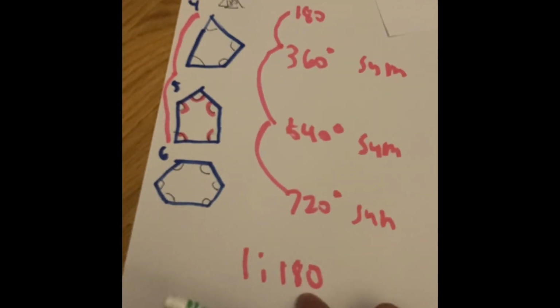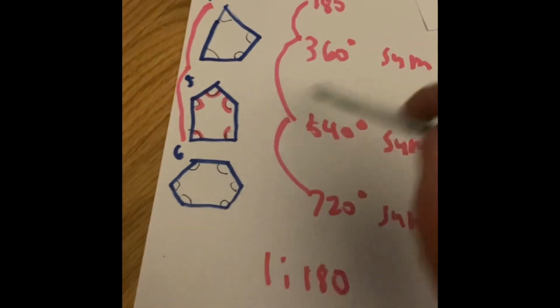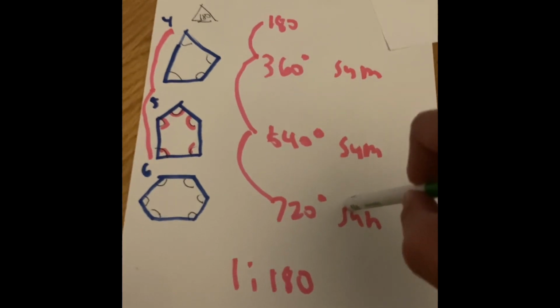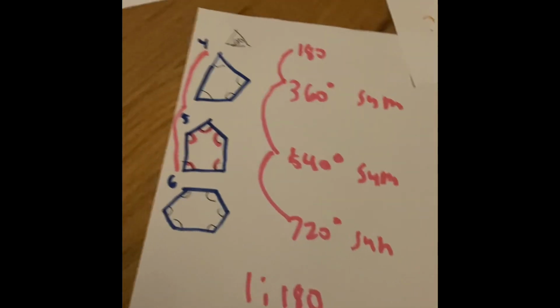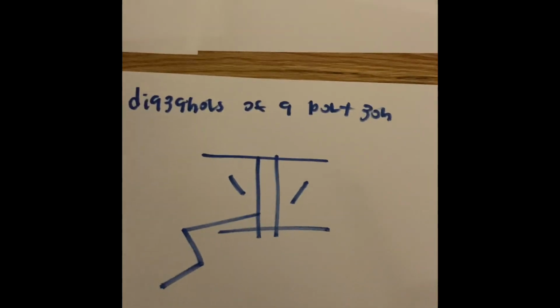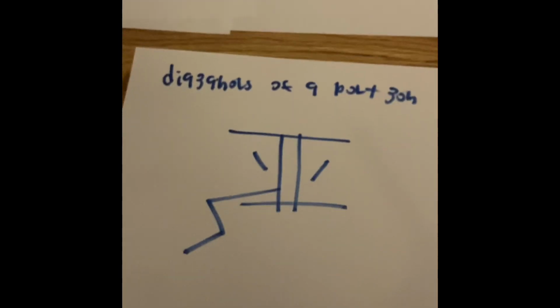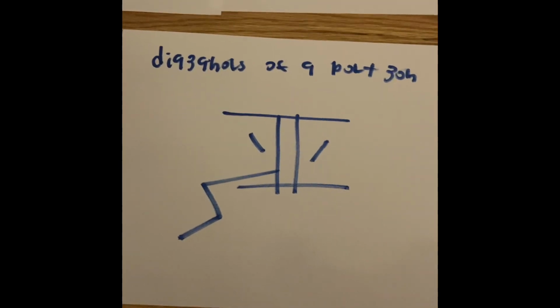We learned that the ratio is 180 degrees, because every time the number of sides went up by 1, the sum of the interior angles is 180 degrees more. But now we're going to take a look at the diagonals of a polygon. So we're still going to talk about the inside of it, but instead of looking at angles, we're going to look at the diagonals.